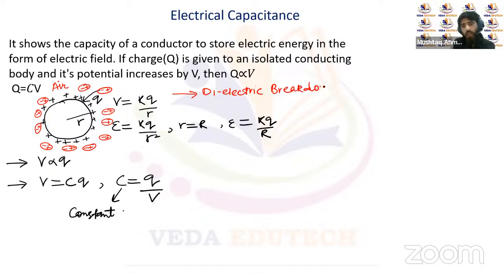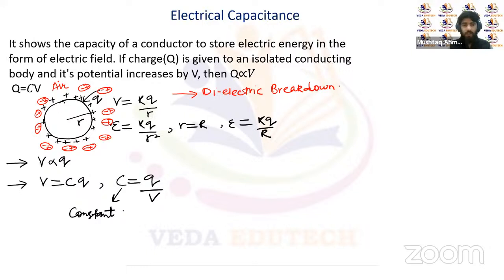Once the dielectric breakdown takes place, the negative and positive ends of the molecule will be separated. After that, the negative charge of the molecule will be attracted towards the conductor, and the positive charge will be repelled by the conductor.